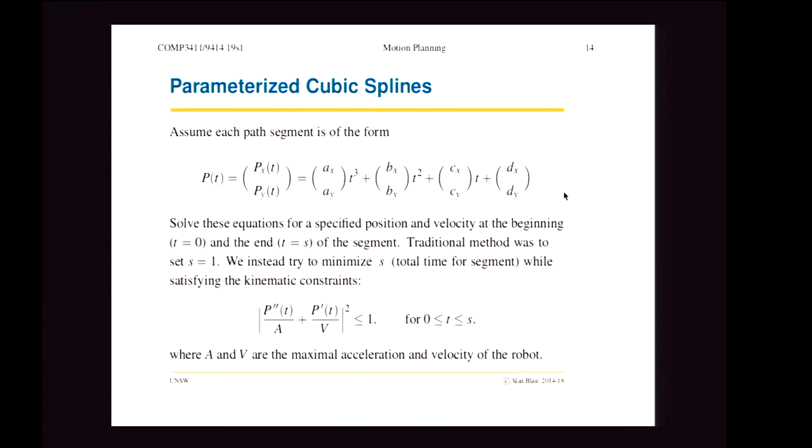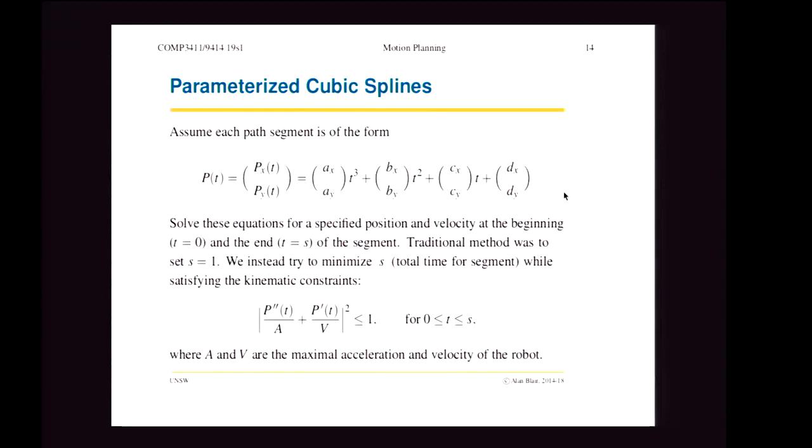Now, we didn't invent cubic splines. Cubic splines have been used for a long time for graphics, but what we introduced was that we modulated it by time.